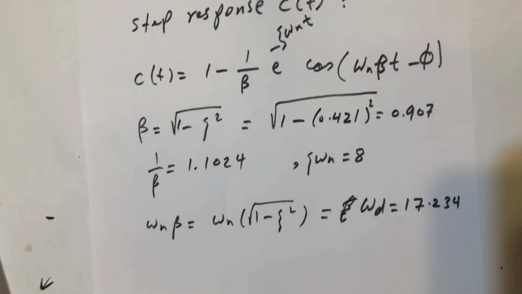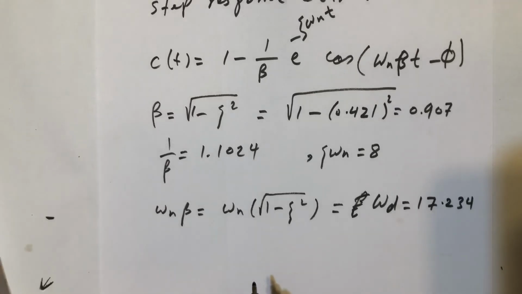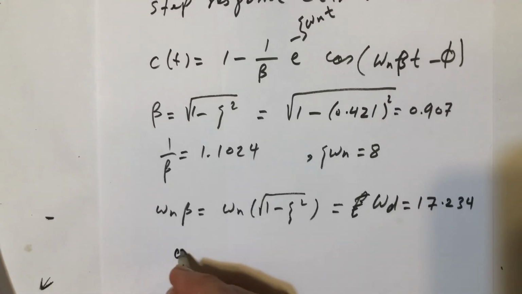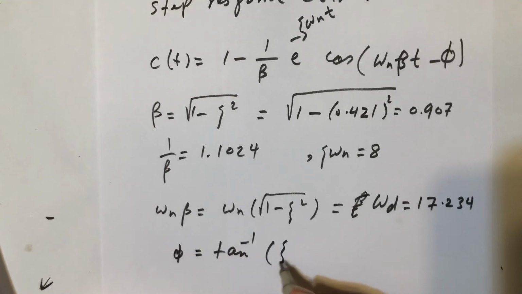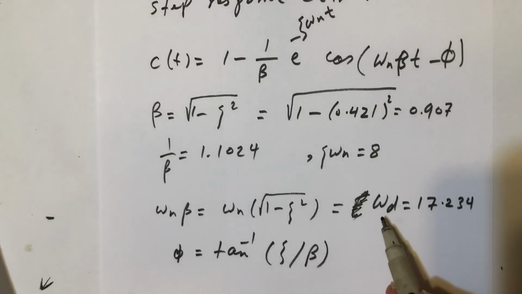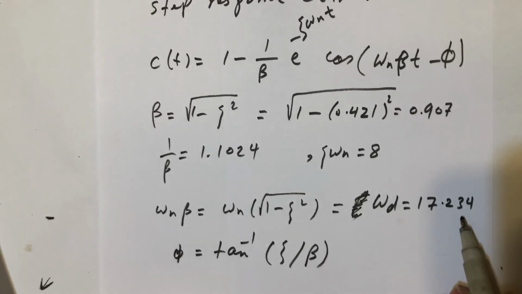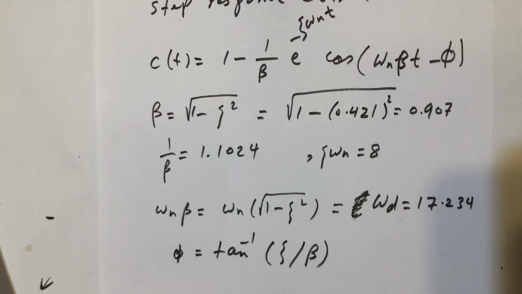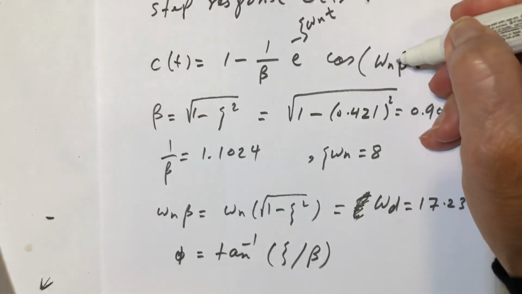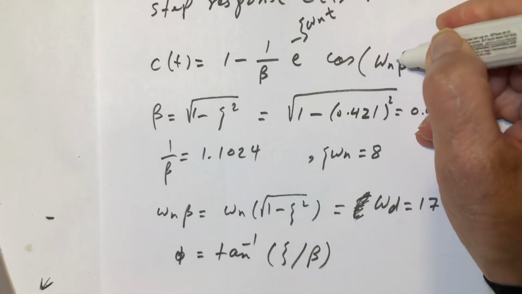Now I can put the expression. I need phi. Phi equals tan inverse of zeta over beta. You should get it in radians, because omega d which you put here is in rad per second, so it will be in rad. So use phi in rad.